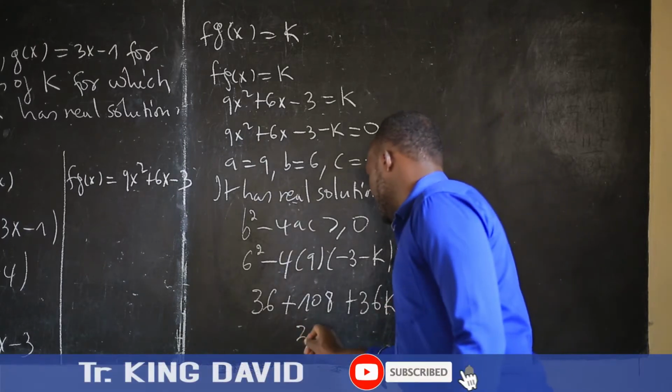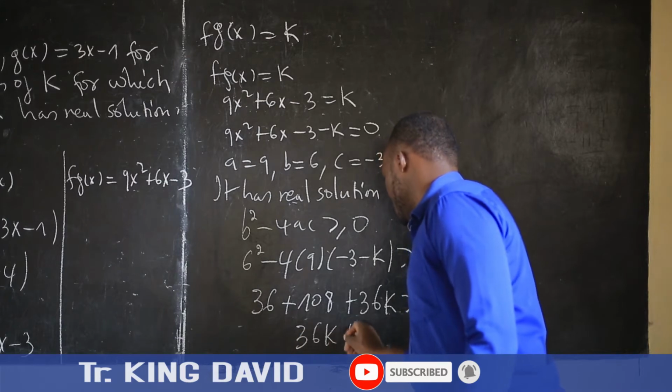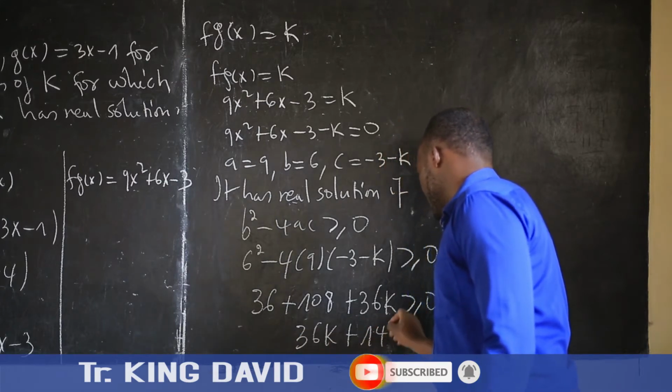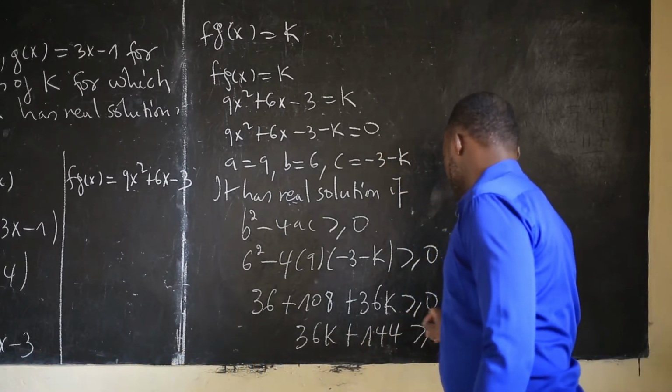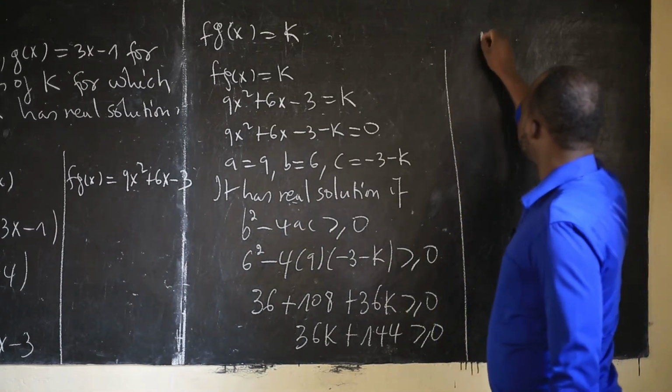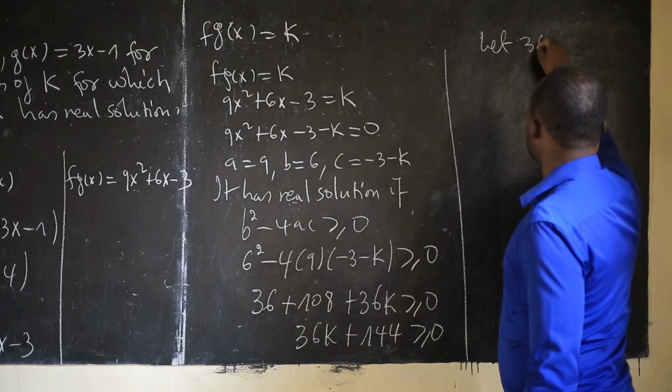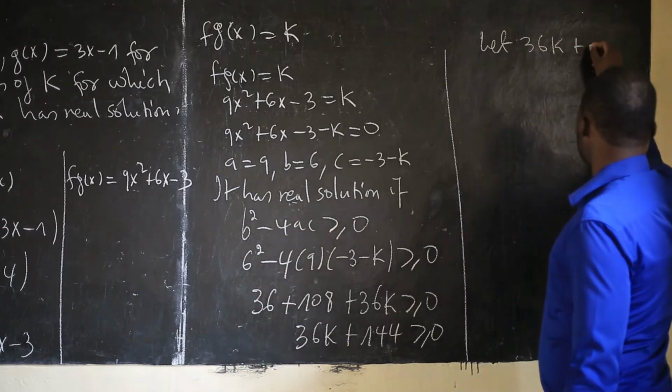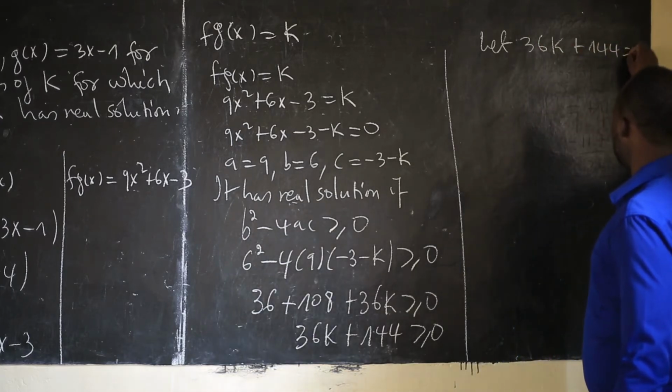So that is 36k plus 144, which is greater than or equal to 0. So which means that we let 36k plus 144 equal to 0.